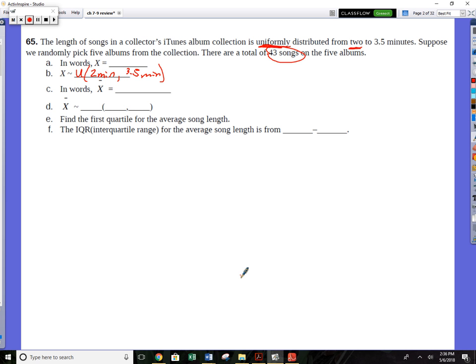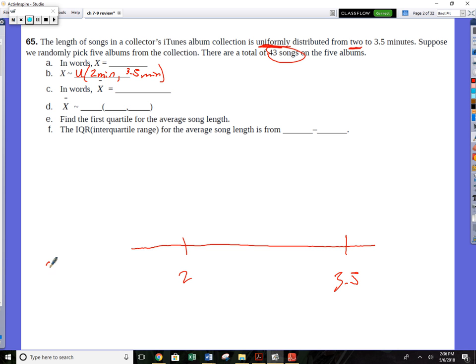You've got to remember some things about a uniform distribution. So if we go from 2 minutes to 3.5 minutes, we need the average, and the average is just halfway between them. What's halfway between 2 and 3.5?